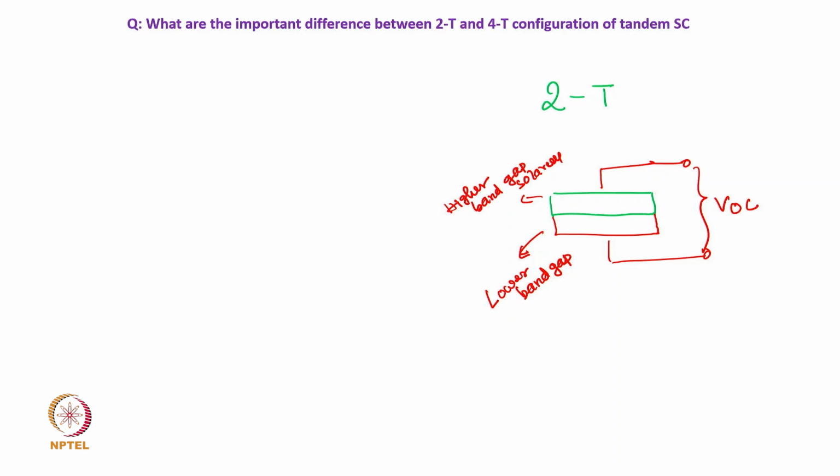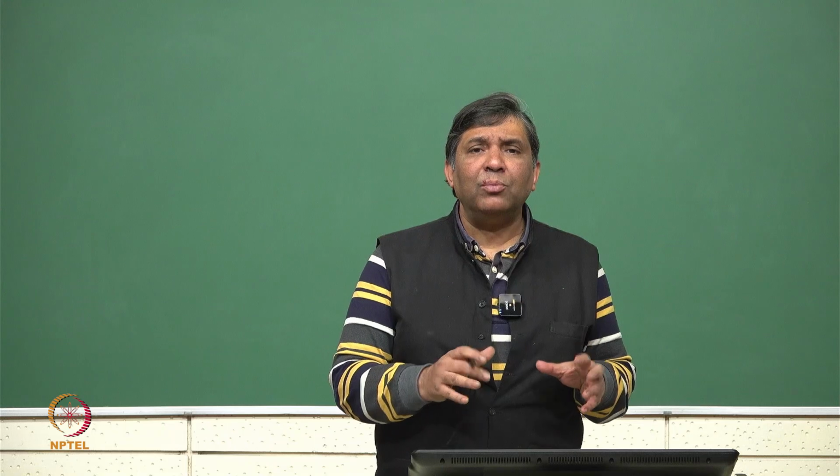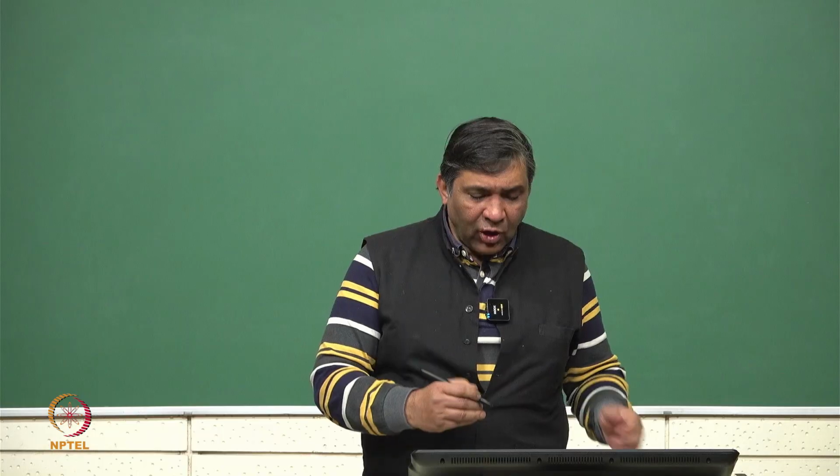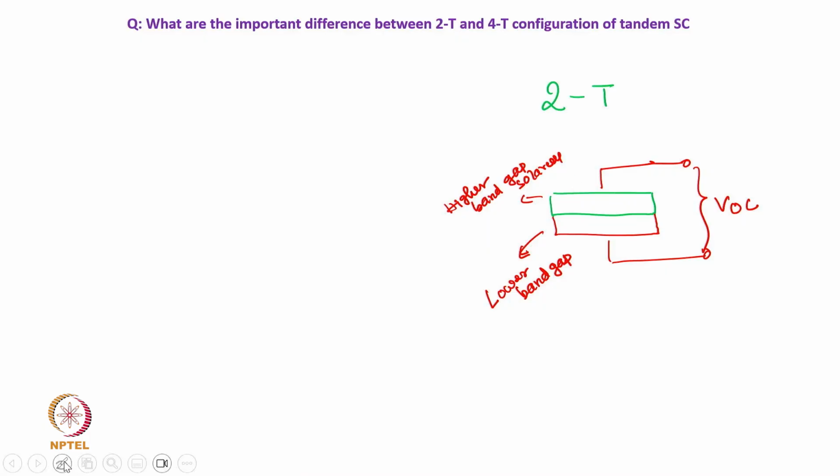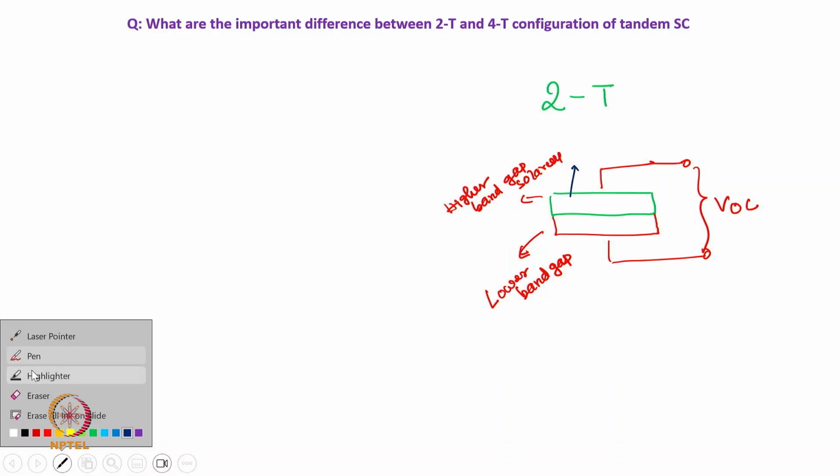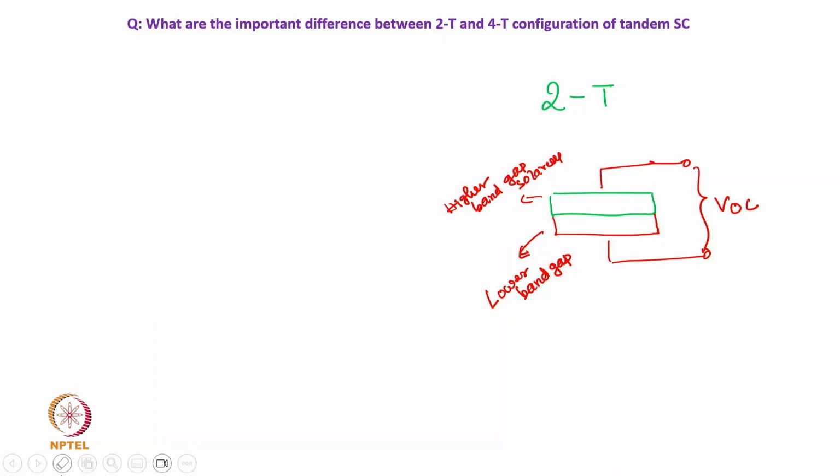One important thing is that you have this higher band gap material which actually absorbs the high energy photons, let me write it, high energy photon or say blue photons, and the low energy photons or red photons are transmitted through this and absorbed in the lower band gap.